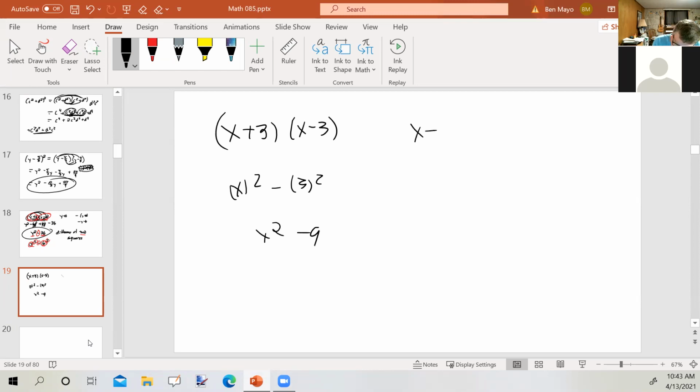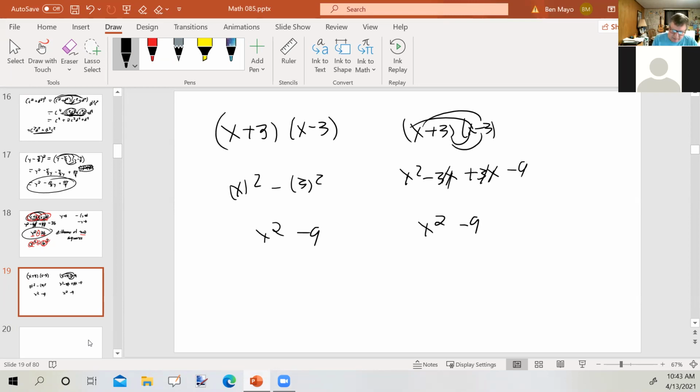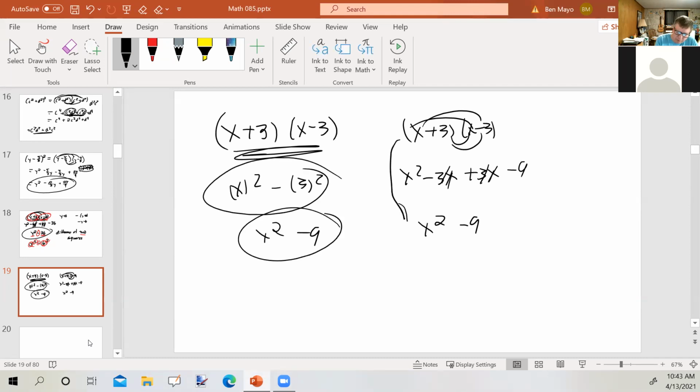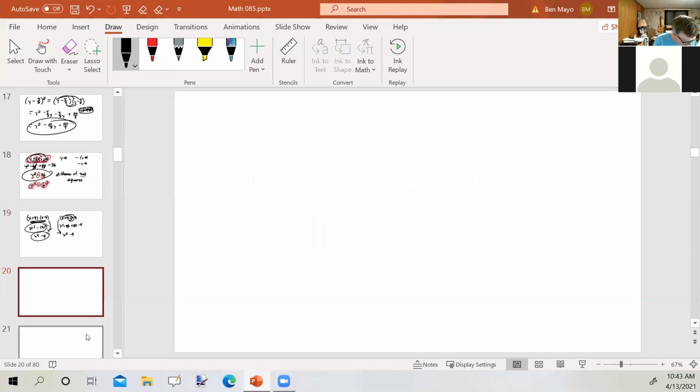Doing it the long way, we could say x squared minus 3x plus 3x minus 9, x squared minus 9. But if you have a conjugate pair that you're multiplying together, you're going to get this pattern leading to this. Again, there's nothing wrong with doing it this way, but if you want to take the shortcut, there it is.